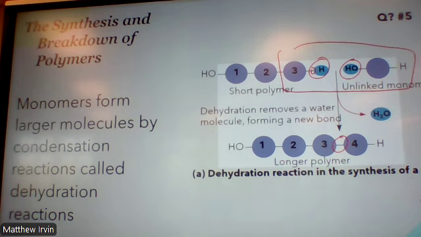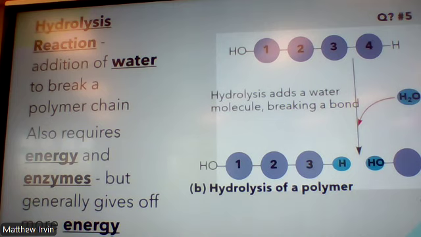We are removing water, that's dehydrating. We are building a larger molecule, that's synthesis. The opposite is when we put the water back in, and that breaks the bond. Breaking in biology is lysis, and we are using water to do that.